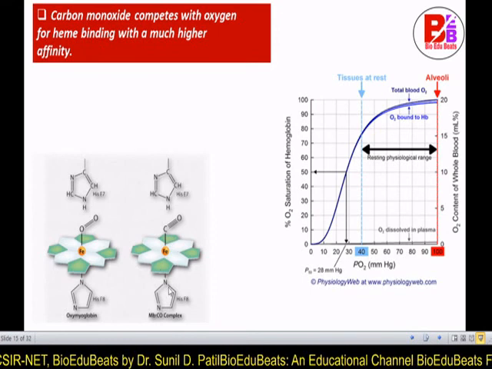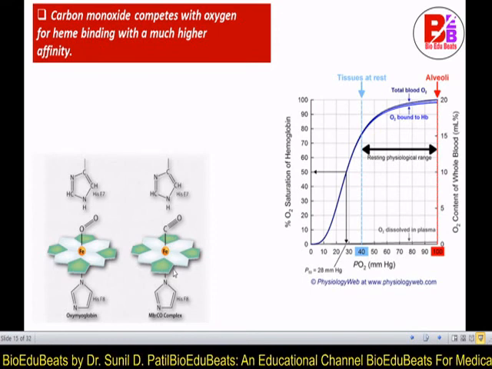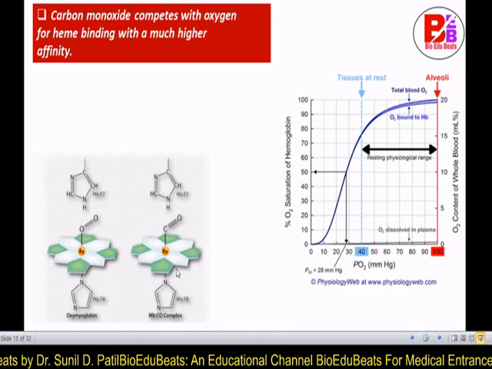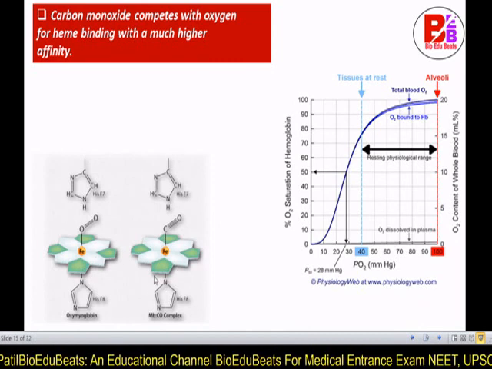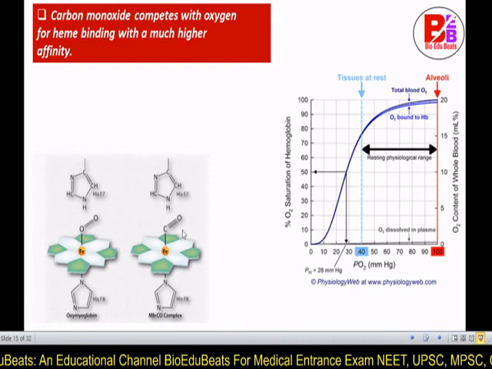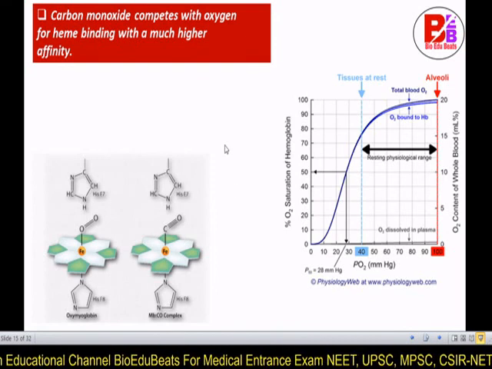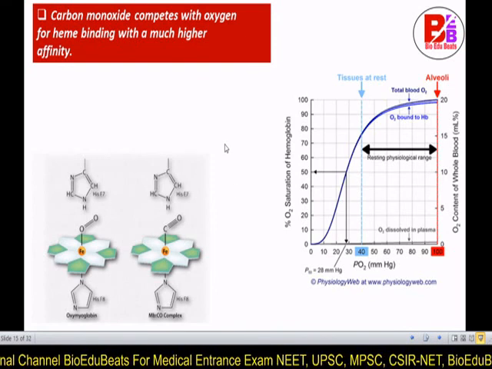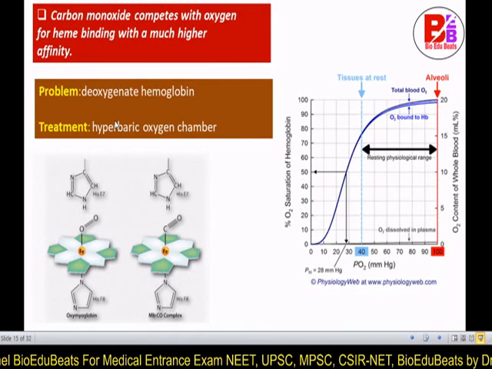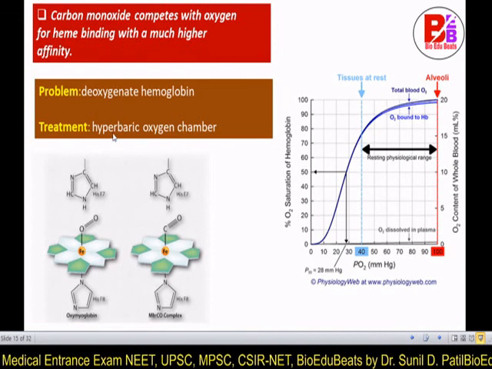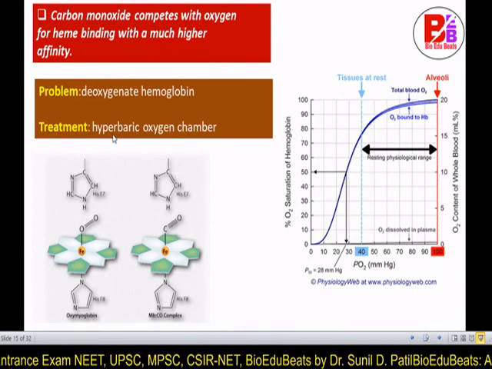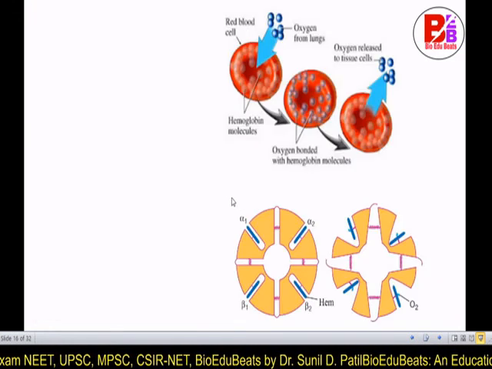If carbon monoxide is in the body, it binds with the hemoglobin, so less oxygen is supplied. Carbon monoxide is a dangerous pollutant; it competes with the oxygen. So when deoxygenated hemoglobin is more, patients are treated with a hyperbaric oxygen chamber.